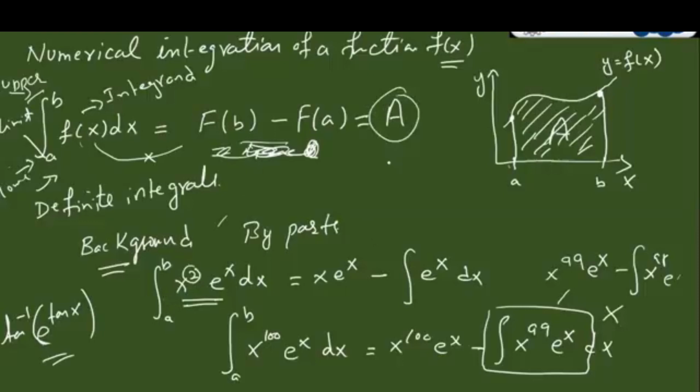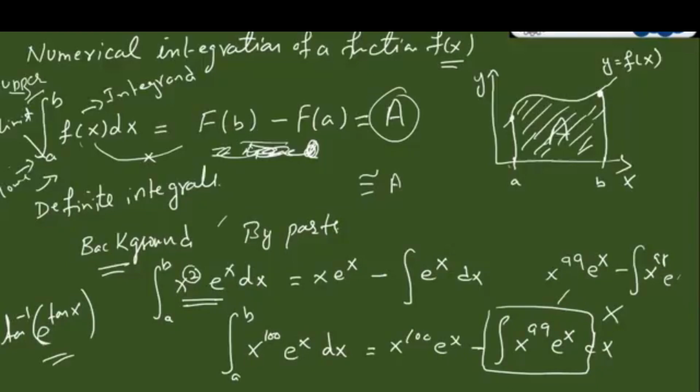But if we cannot find the exact answer, can we do something to get an approximation, close to it? This is the main theme of this topic. If you cannot solve any integral problem directly or analytically with an exact answer, is there any way that we can get a numerically approximate answer, close to that answer?